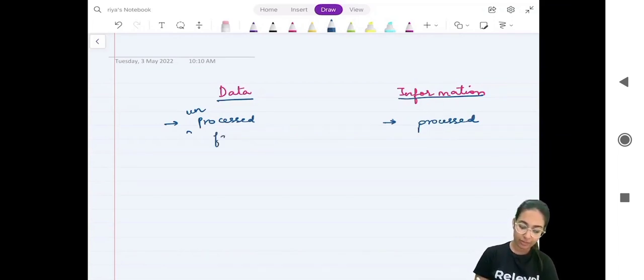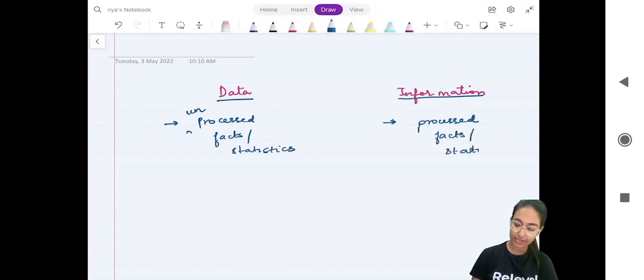Data is unprocessed facts and statistics, although it can be more than that as well. Information is processed facts and statistics, the information that has been processed.